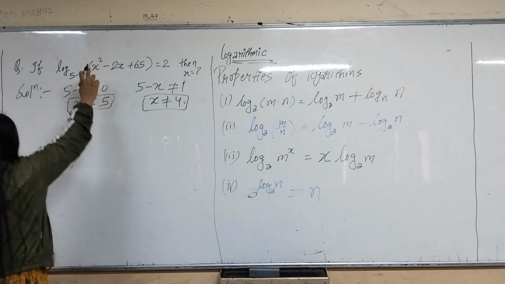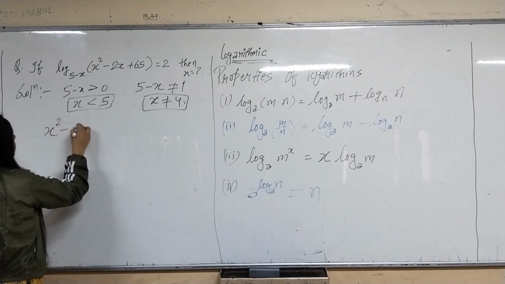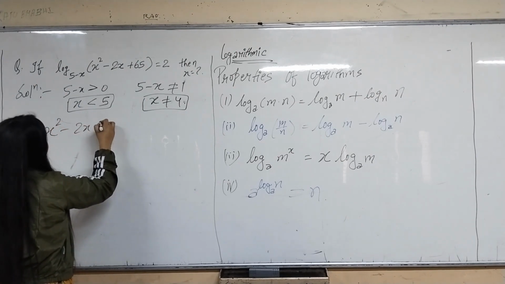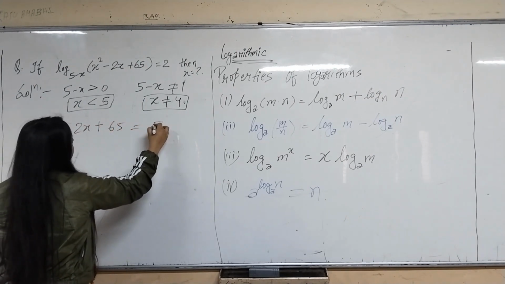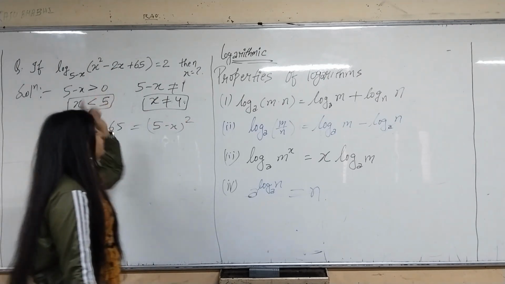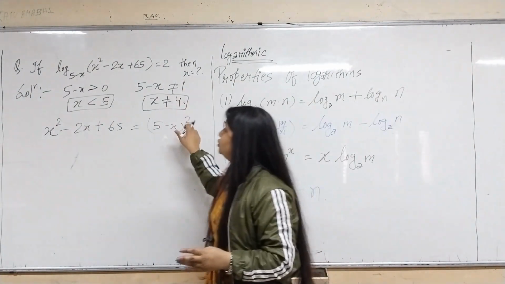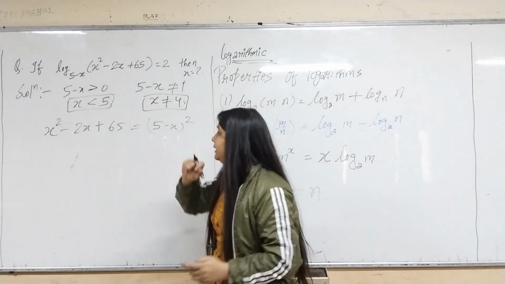Now, according to the information that we have till now, it can be written: x square minus 2x plus 65 equals (5 minus x) to the power 2. Can you write it? Yes, of course.